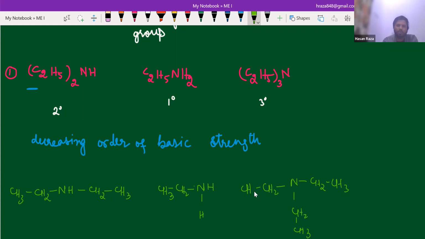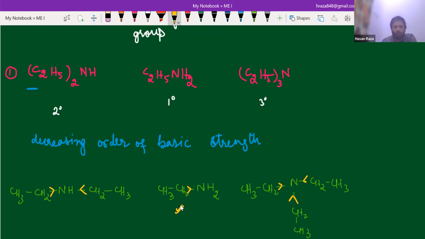So the expected order, if you go by directly proportional to plus I, is that the third degree should be the most basic. Then the second degree comes, because it has support from two sides and the other has support from one side.